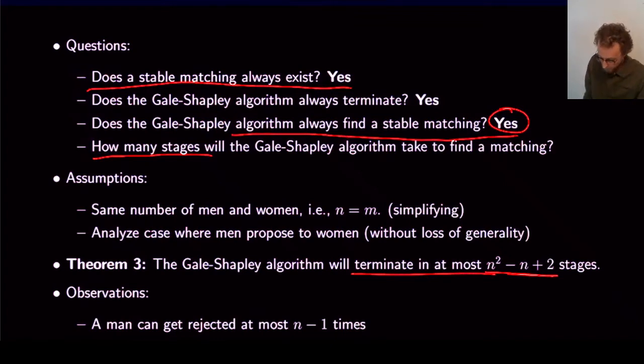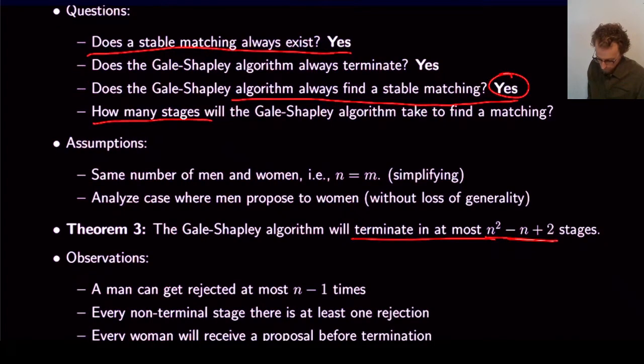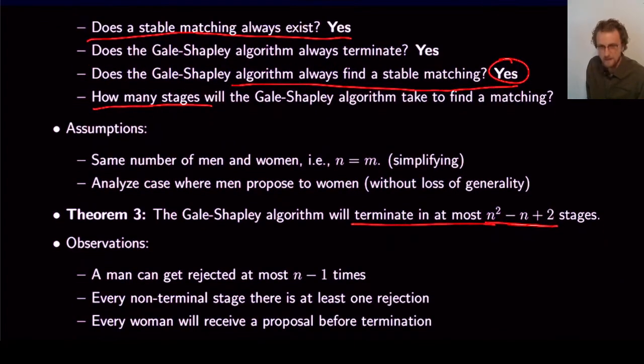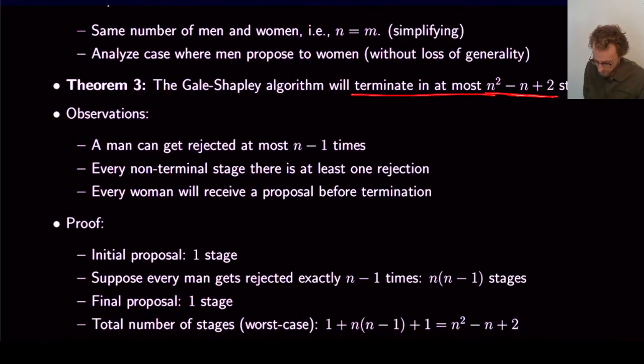So a man can only get rejected n minus 1 times. If you're in a non-terminal stage, there has to be at least one rejection. And so, in the end, every woman has to get a proposal, so there better be at least one rejection. And so that means that we have for our first stage, or our first proposals, there's one stage.